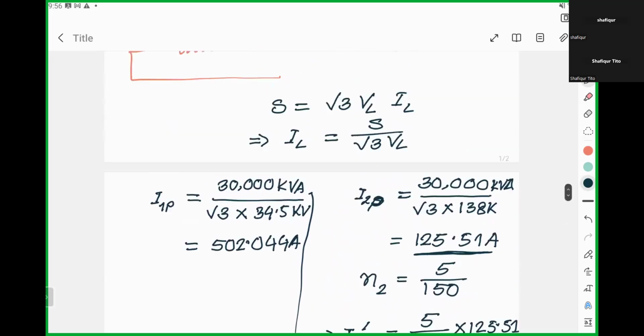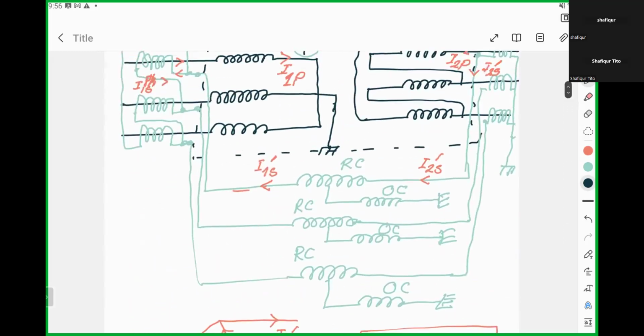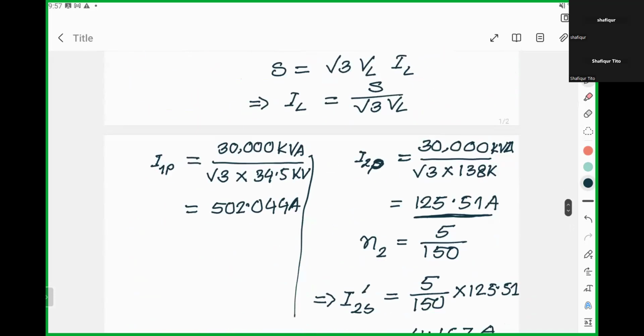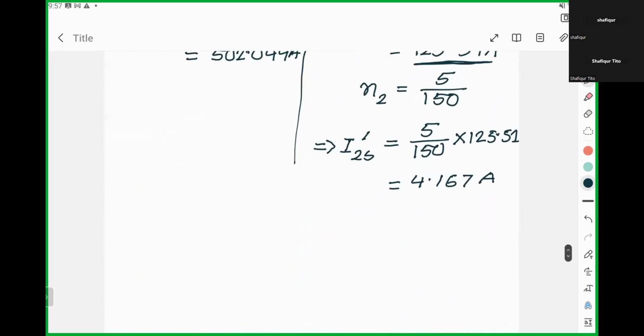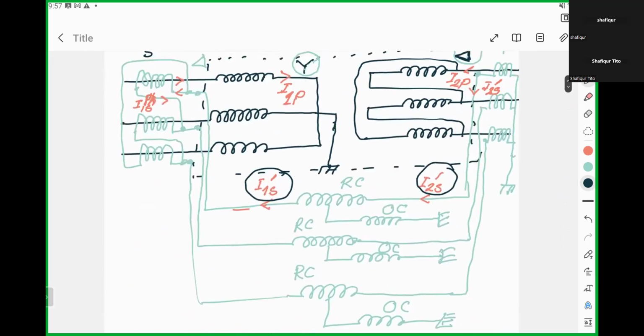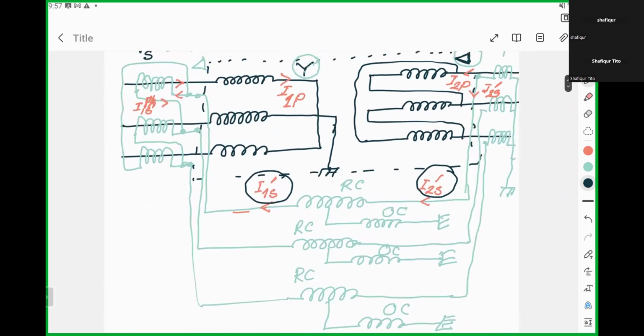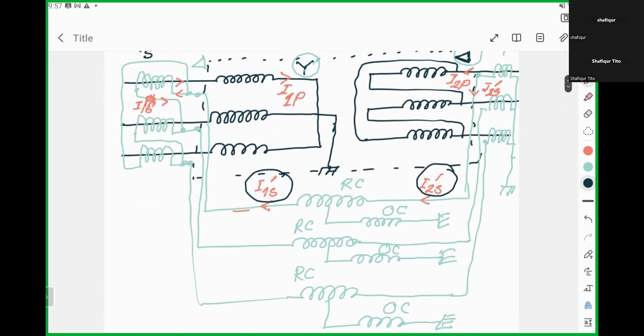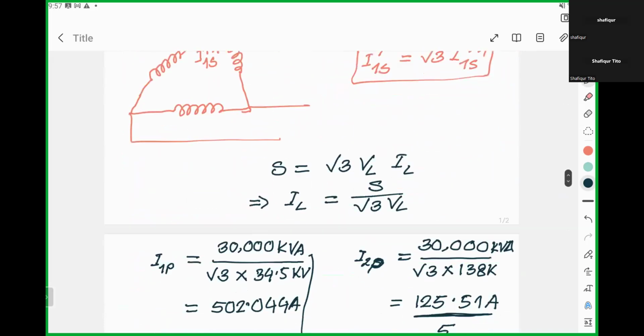Now, as per the differential protection relationship, this one has to be equal to this one. So I can write down from this relationship that I1S prime should be equal to I2S prime. And going back to this relation, this current has to be the line current for this delta connected CT.